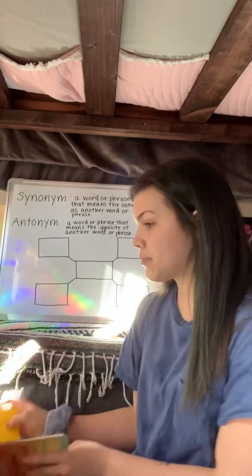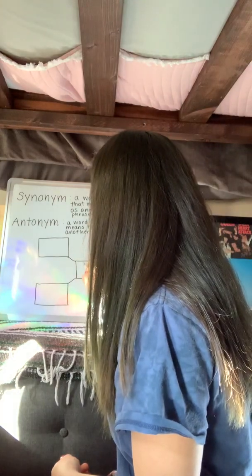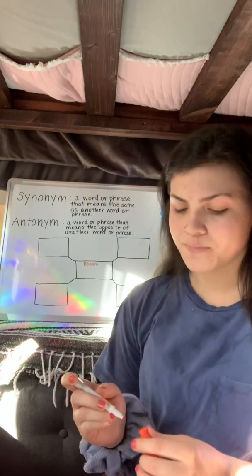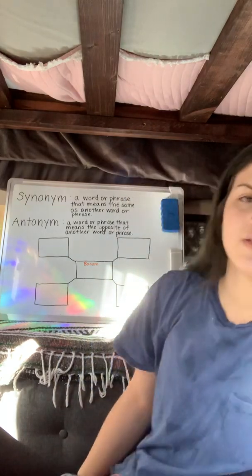I'm going to write bosom in the center of my word map. So I'm going to write it right in the center of my word map. Bosom. All right. I'm not sure what this word means.